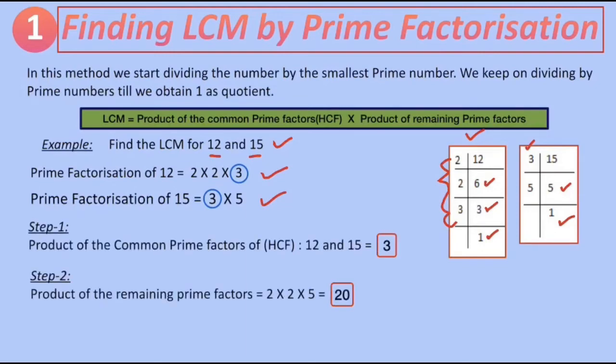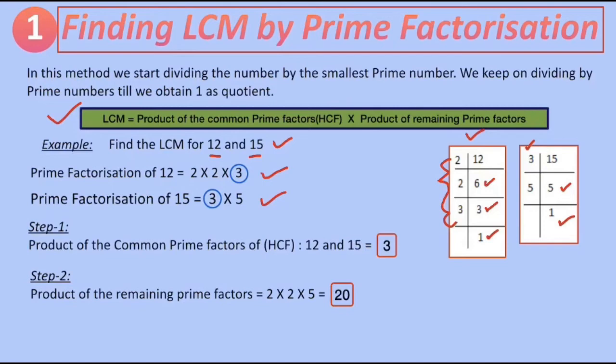Now according to the formula, LCM is equal to the product of the common prime factors, that is nothing but the HCF, into the product of the remaining prime factors. As you already learned in the previous session, HCF is the product of the common prime factors.